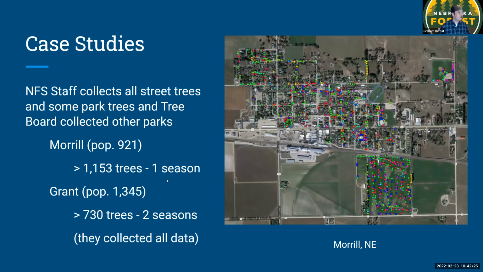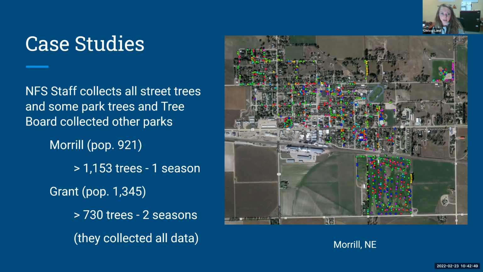Yeah, so if we get to a little bit larger community like Morrill here, Chrissy could talk about that. They also only had a tree board of like 3 or 4 people. And out of those, they really only had one person that could dedicate time to tree collection. And it was their park superintendent.